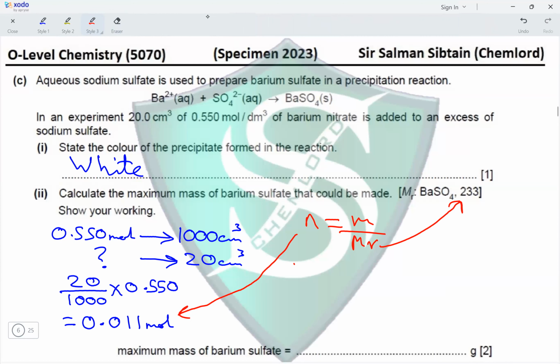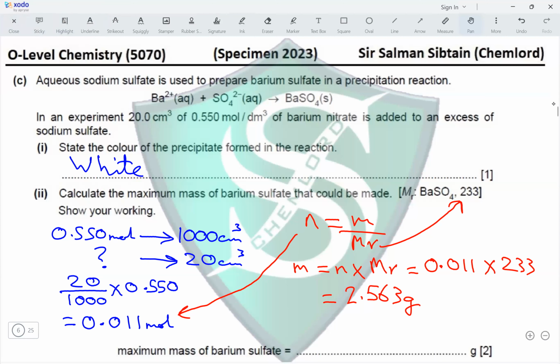Making mass the subject of the formula, mass equals moles times Mr, which will give us 0.011 multiplied by 233, and the value of mass that we obtain is 2.563 grams. So the amount of barium sulfate that is produced in this reaction is 2.563 grams.